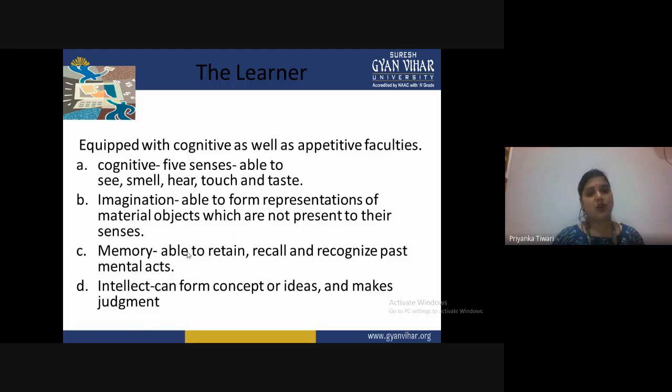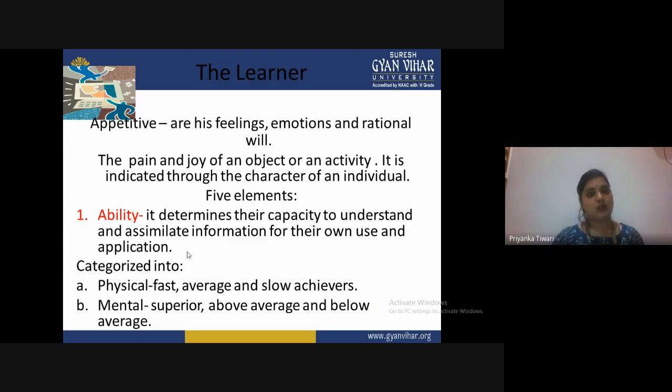Imagination is able to form representations of material objects which are not present to the senses. Memory is able to retain, recall, and recognize past mental acts. Intellect can form concepts or ideas and make judgments. Then there are feelings, emotions, and rational will.